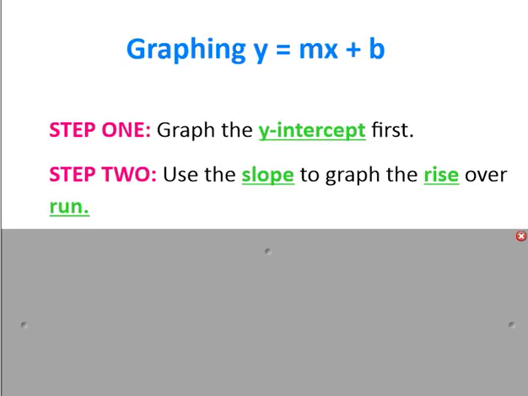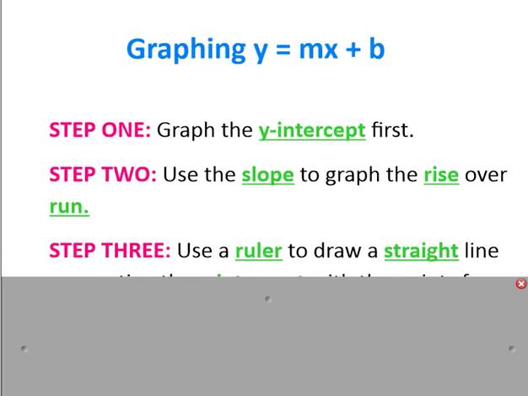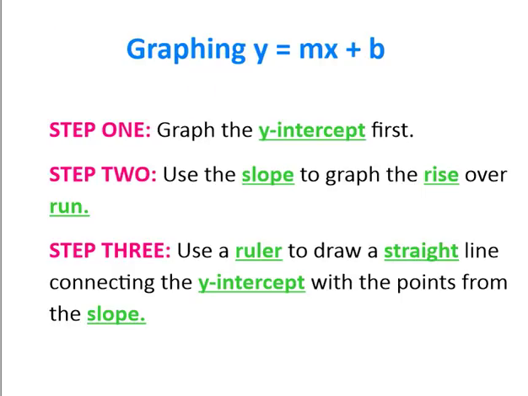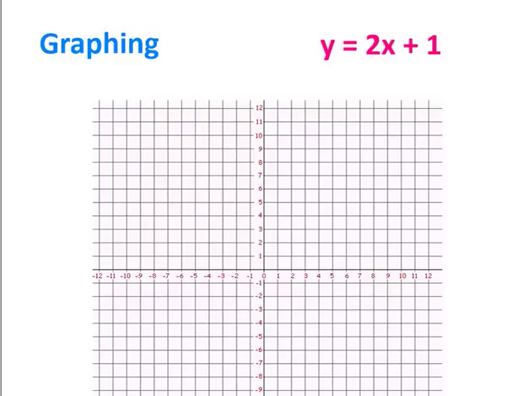Step 2, we're going to look at the slope and use rise over run to plot that out. And then step 3, we're going to use a ruler to draw a straight line connecting the y-intercept with the slope. Okay, so let's take a look at what that looks like here.